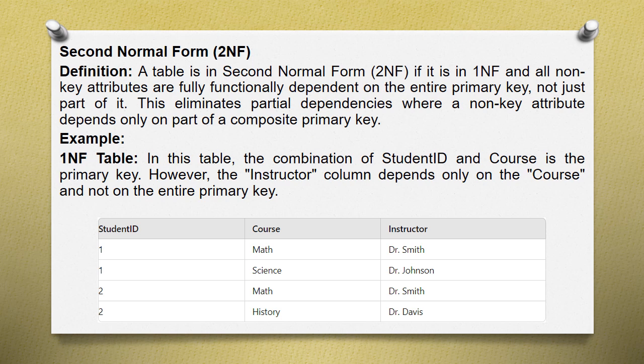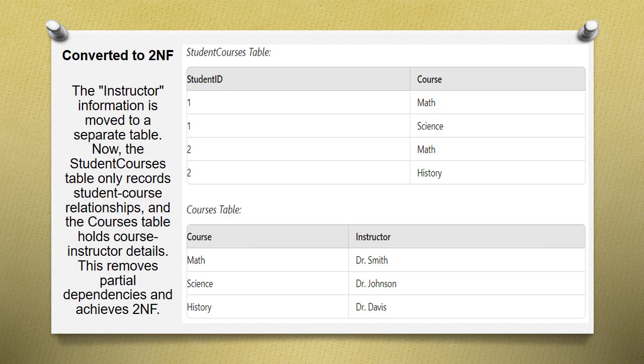How we can do that? Let's see. Yes, we have decomposed the initial table into 2 tables. You can see here, there is one table, student course, which contains 2 columns, student ID and course, right? And the other table, that is the course table, again has two columns, course and instructor, right?